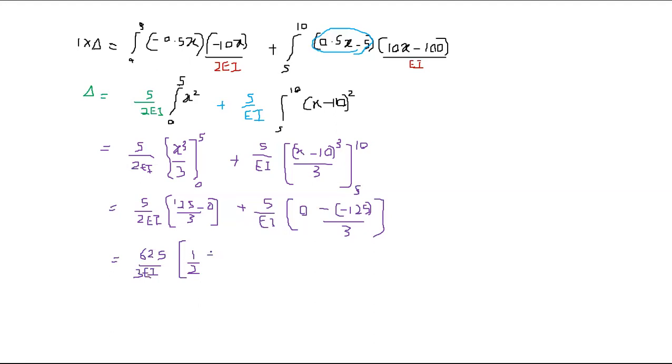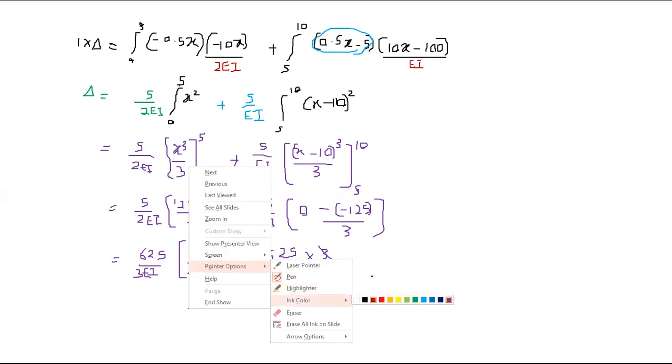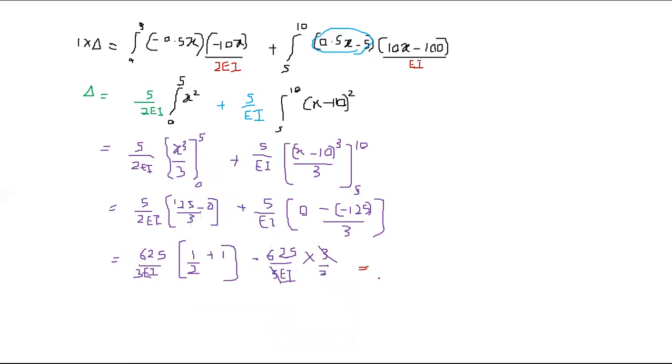Okay. Plus 1. And that should give you 625 over 3EI over 3 over 2. Right? So 3 cancelled. So your deflection is positive. So that means the direction where you applied the virtual force is downward direction. Right. So this is your deflection.